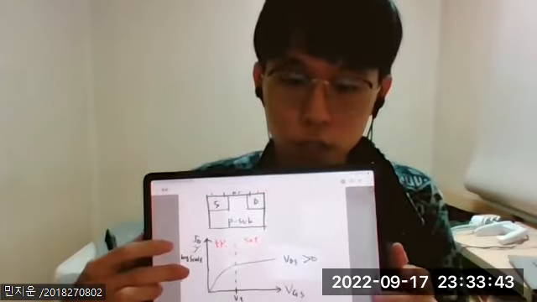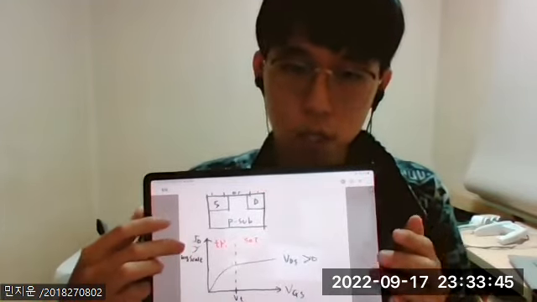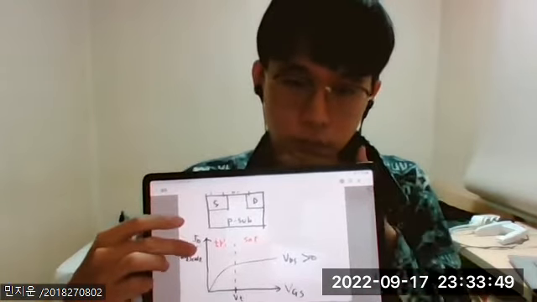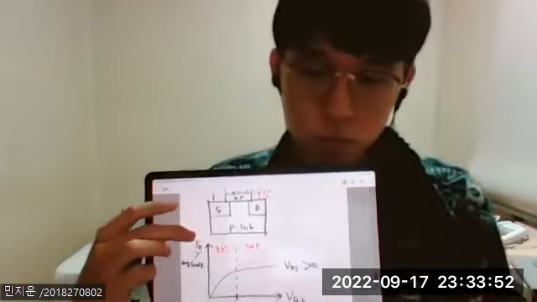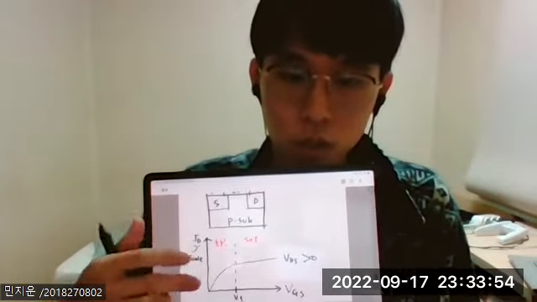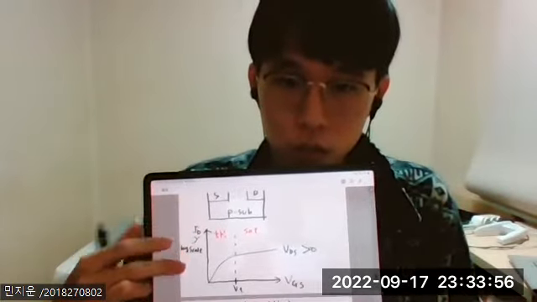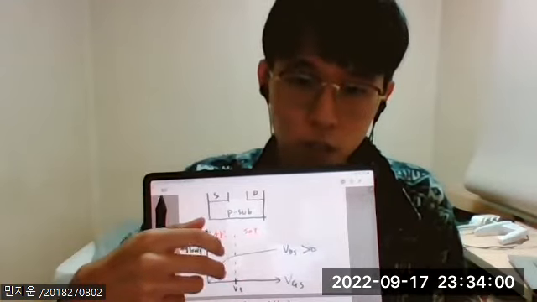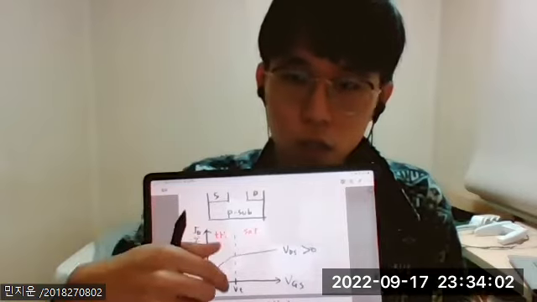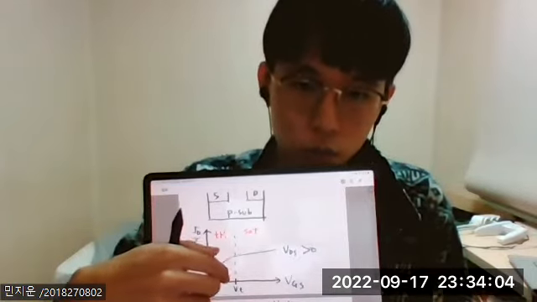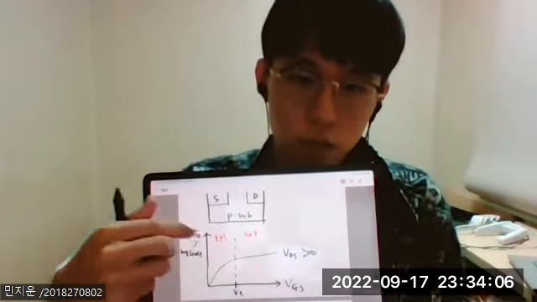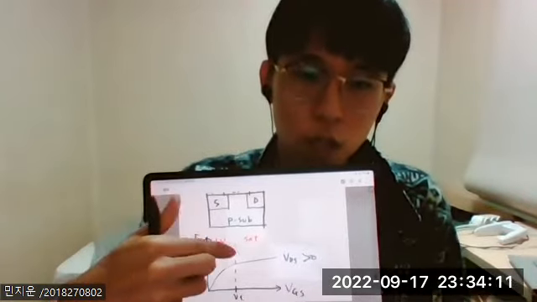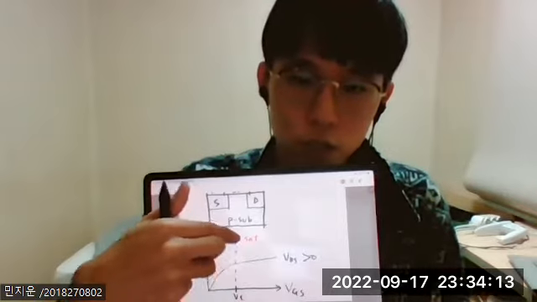So if you see this graph, the log scale drain current versus gate voltage graph, if the gate voltage is less than the threshold voltage, this region is called the linear or triode region, and on the other hand, the saturation region.